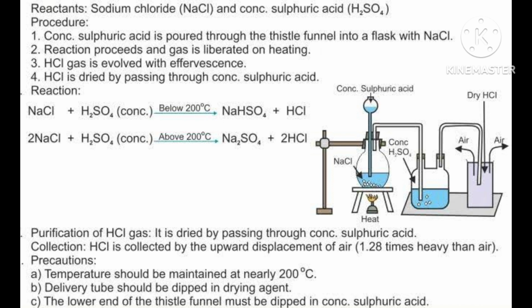It is easily liquefied to a colorless liquid, and its boiling point is 189 Kelvin.